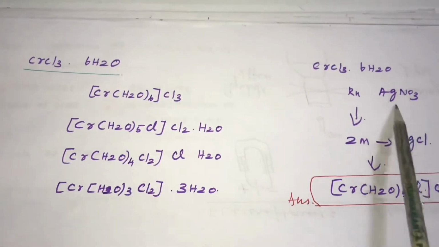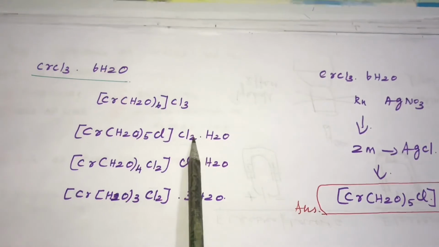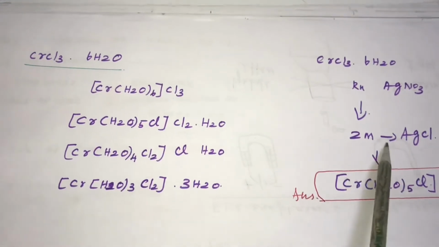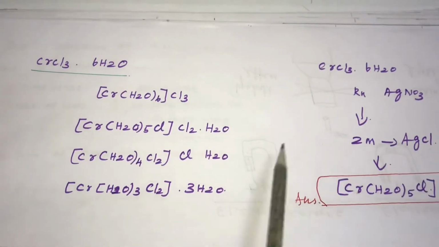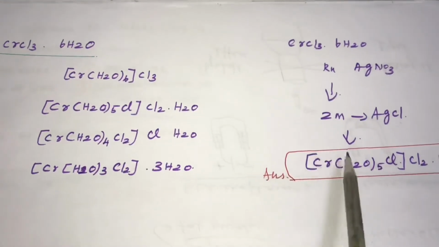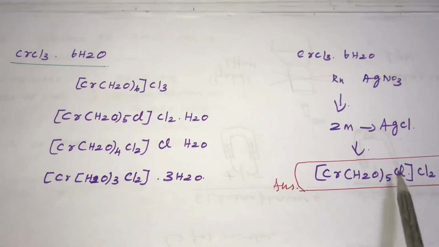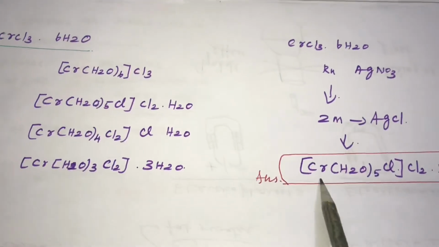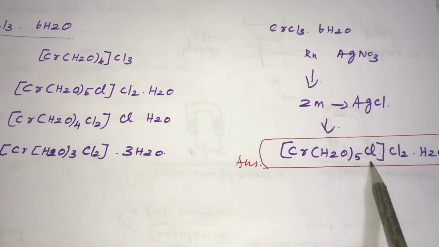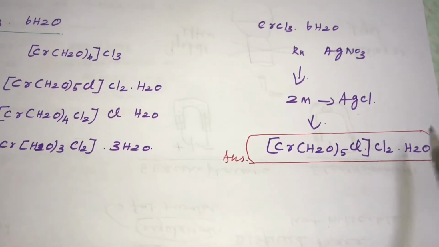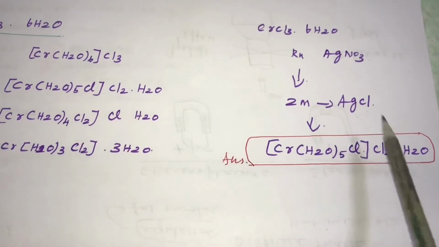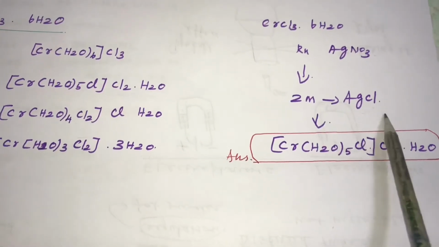By addition of silver nitrate, 2 silver nitrate react with the 2 chlorines, forming 2 moles of silver chloride. So the structural formula of the compound present in the solution is [Cr(H2O)5Cl]Cl2·H2O.